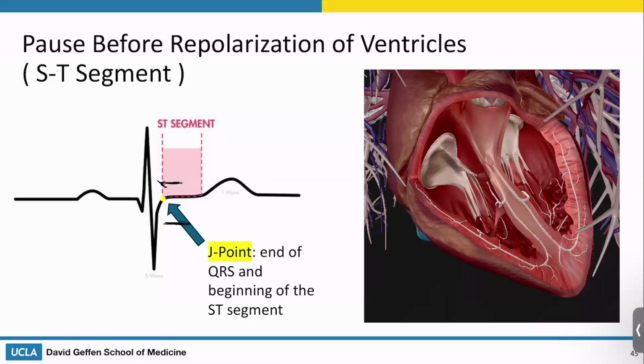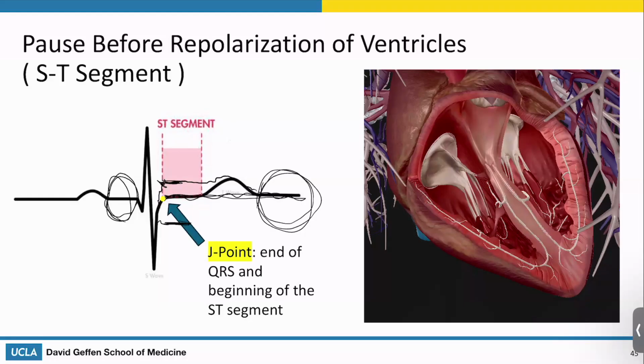And remember, we talked about how we don't want to use this PR segment as a reference point to determine if something is elevated or depressed, because there's electrical depolarization happening through the AV node. We want to use this right here. So if this came up like this and was like this, I compare it to this line right here and I know that, okay, that's actually elevated.